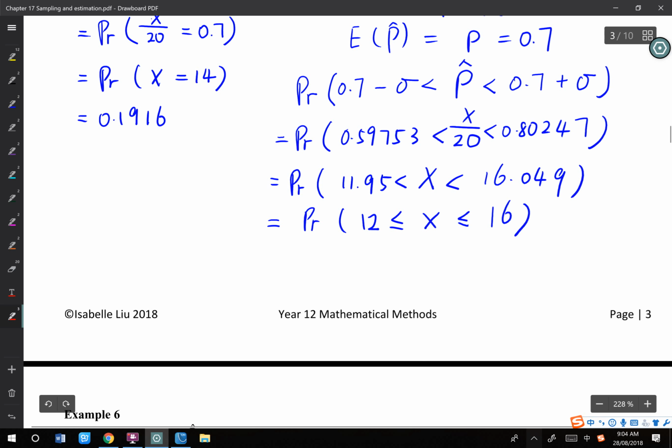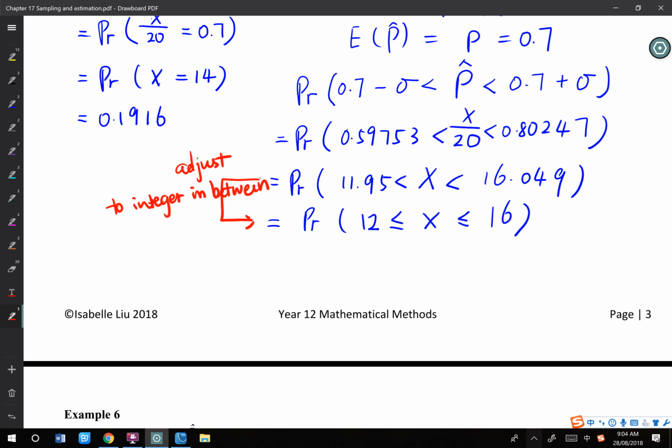This is not rounding up or rounding down. You must remember that it's adjusting to the integer in between those two values. You round up for the first number and round down for the second number, always, because you need to think about the numbers in between those two values.